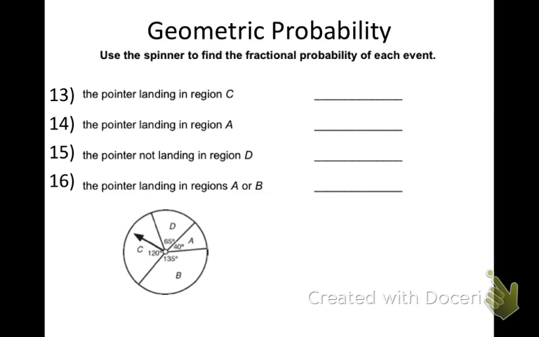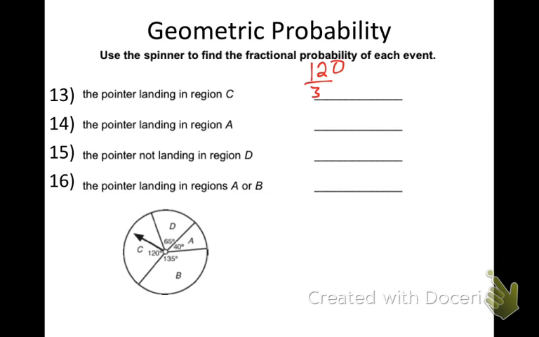Same idea. Now try these 4. These are the spinner type problems. These ones do add up to 360, so you're good. Okay. Find the probability of these spinners. So number 13 says, the pointer landing in region C. How much is in region C, Taylor? 120 out of 360.